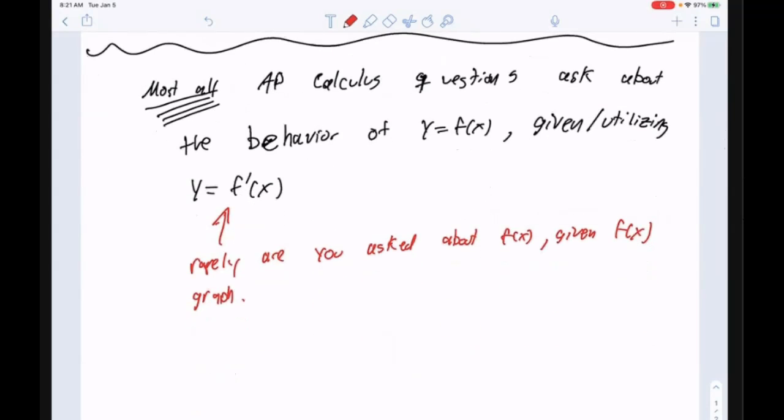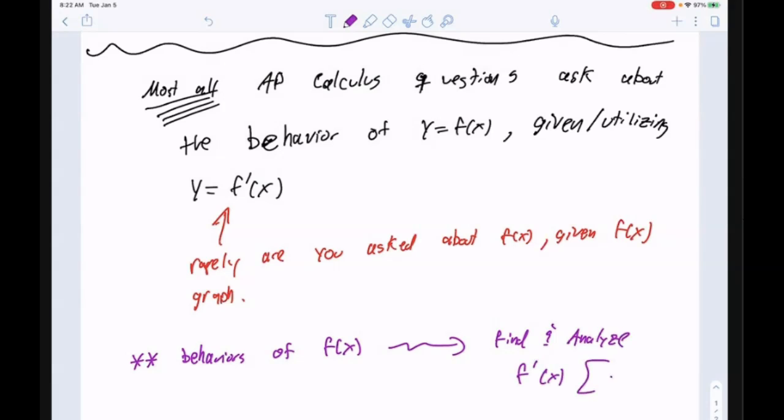So it should be noticed that for almost all the questions, if they're asking you for these type of behaviors, it means that you have to find and analyze f prime of x or f double prime of x, which we'll cover a little bit later on.